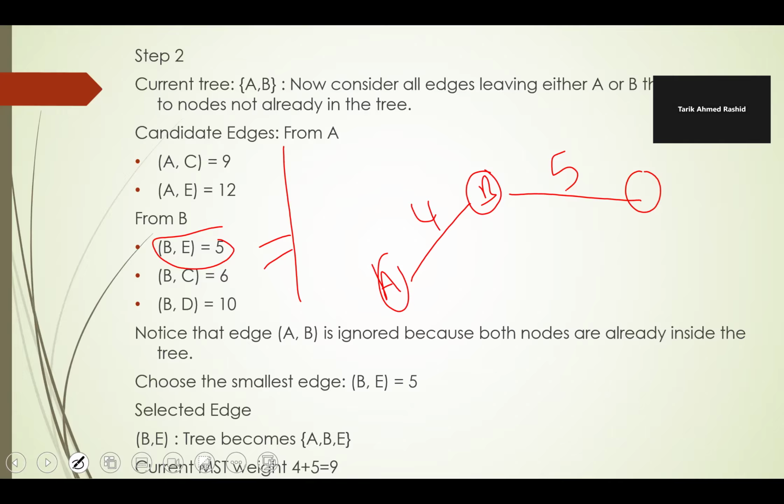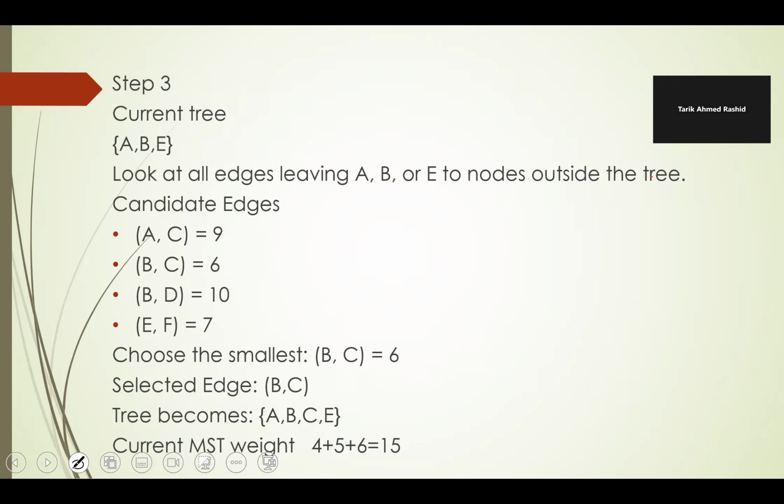So 4 plus 5 is 9. Our cost so far is 9. Next, we have step 3. Currently we have A, B, E, with 5 and 4.